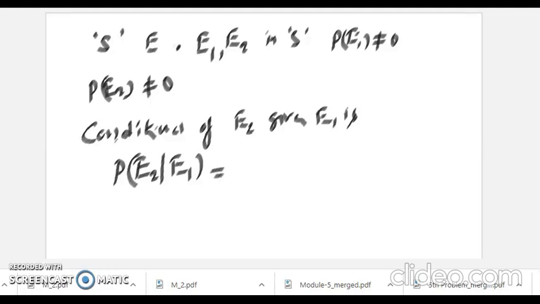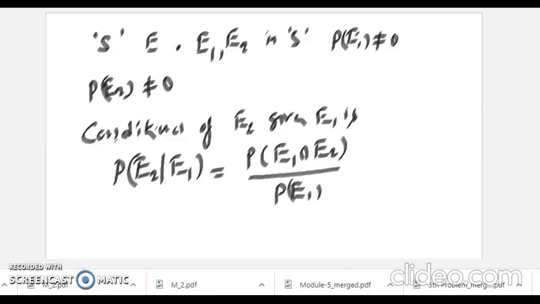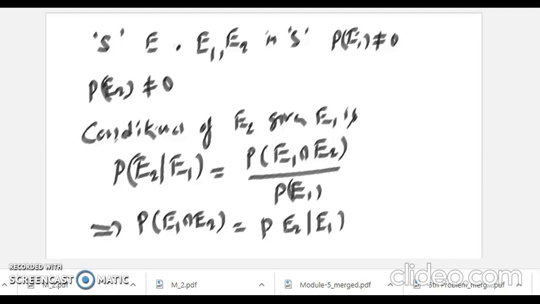Is equal to, by the direct formula of conditional probability, P of E1 intersection E2 by P of E1. So from this we can easily write, P of E1 intersection E2 is equal to P of E2 divides E1 into P of E1.